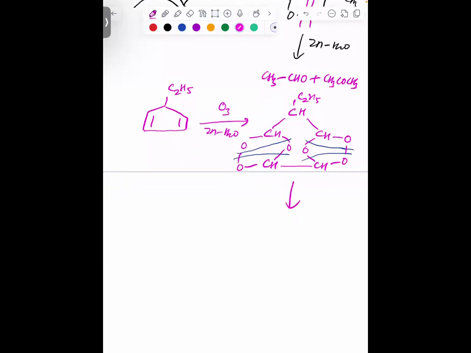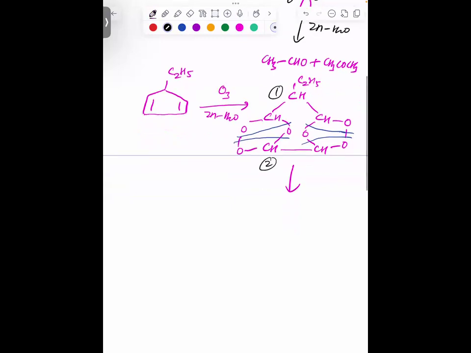First we have to see the numbering, this is product 1 and product 2. So first product is CHO, CH, C2H5, CHO. Second product CHO bond CHO. Note down.